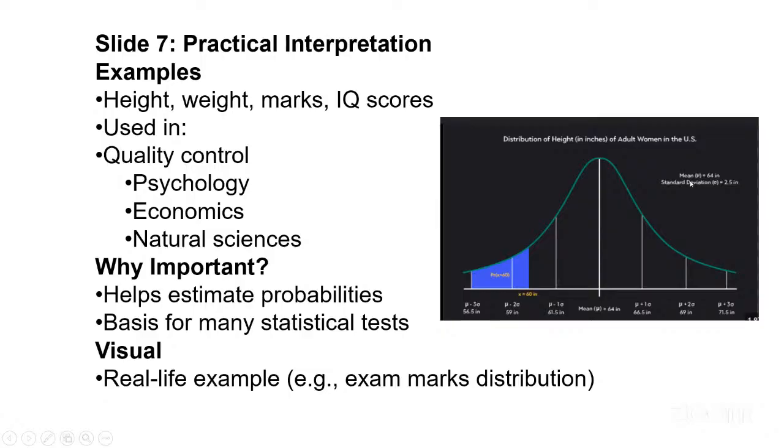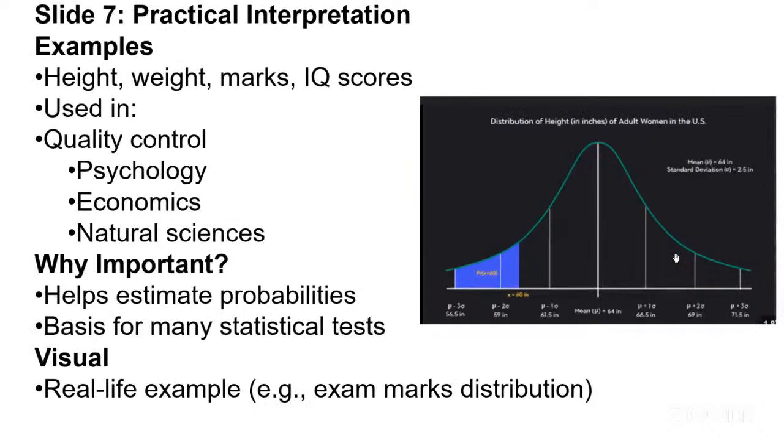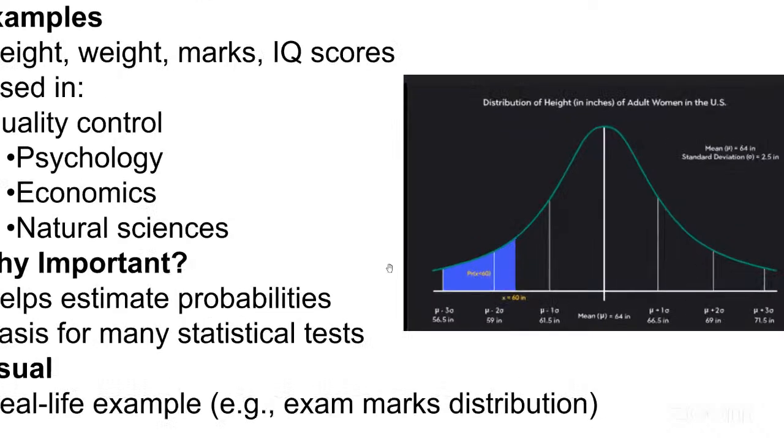Mu is considered to be 64 inches and SD is 2.5 inches. Again, the 3 sigma rule is applied, nothing else. The divisions are the same as I have already discussed; I have just repeated it.